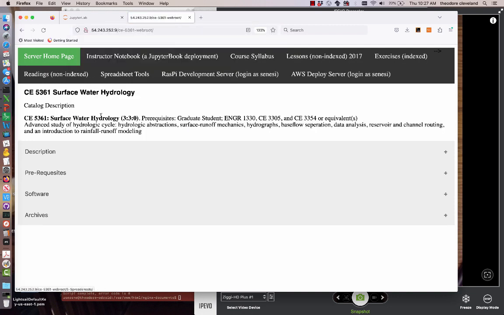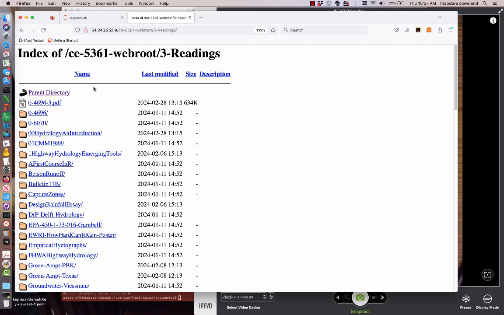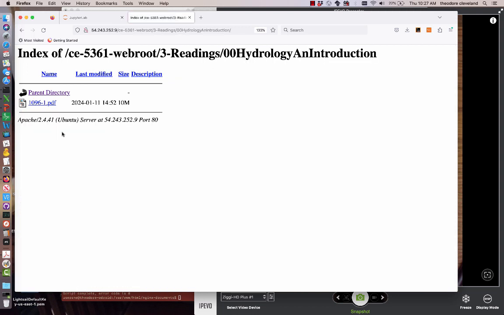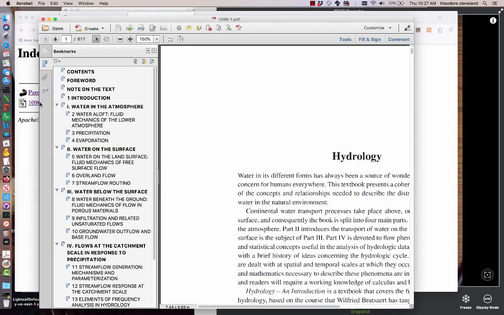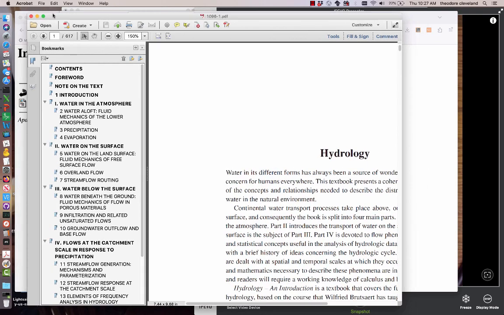Done. And readings. I really didn't want it to download it, but it's a computer. It does what it wants.